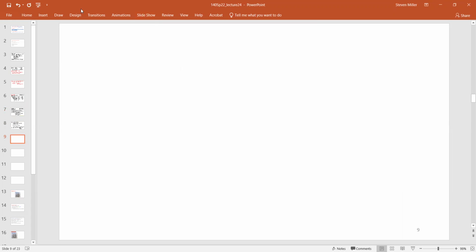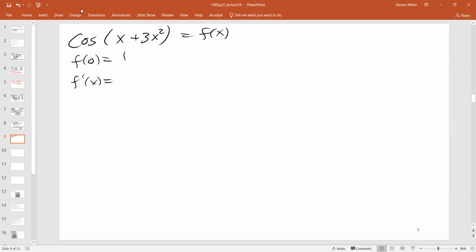So if I give you cosine of x plus 3x squared, if this is my function f of x, what's f of 0? Cosine of 0 is 1. What's f prime of x? The derivative of cosine is negative sine of x plus 3x squared, but then I need the derivative of x plus 3x squared.